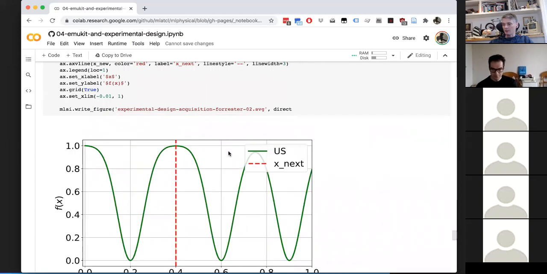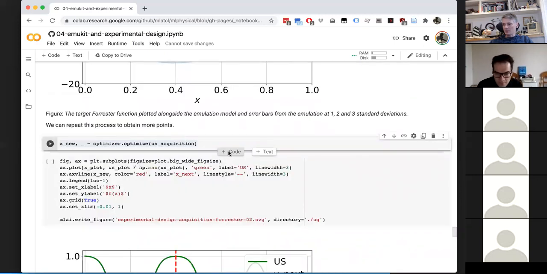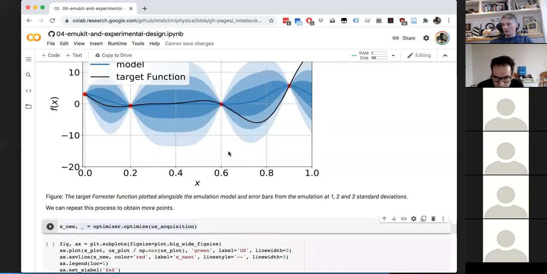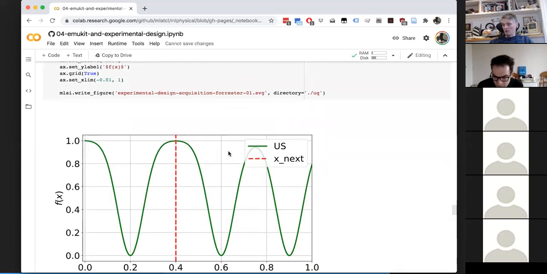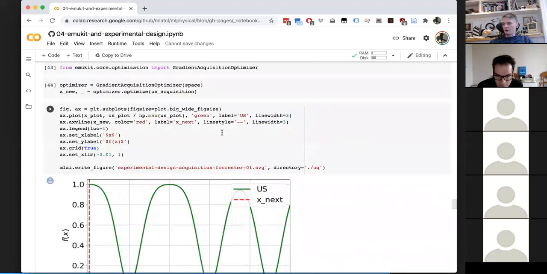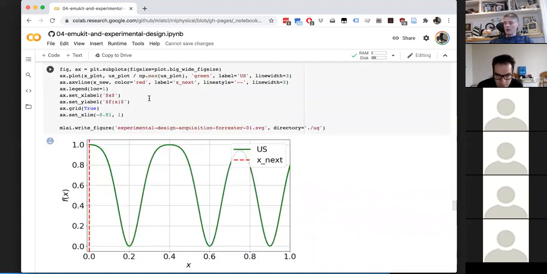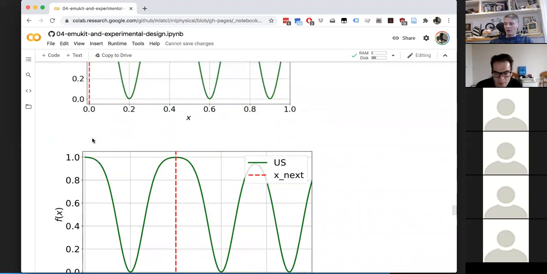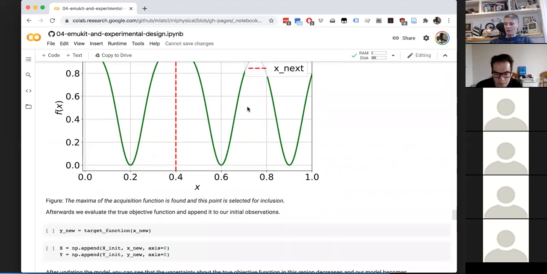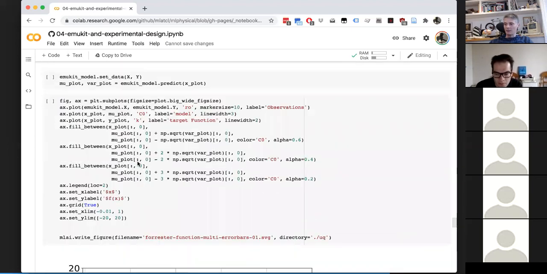Those plots have just come up. Let's see, is that now updated in a reasonable way? Yeah, so now we're seeing, as I said, the first point acquisition, and it's chosen over here on the left. And then that's the old figure, sorry, that hasn't updated.